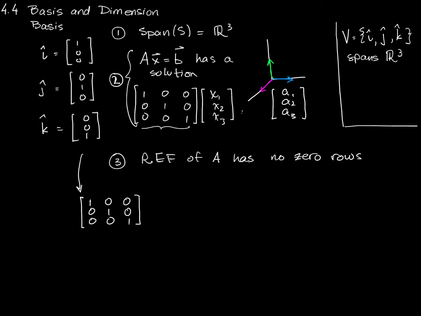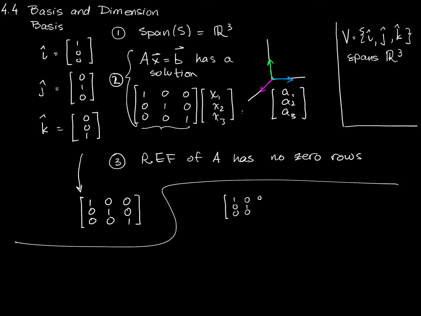Something else we can say about this collection of vectors is that they are linearly independent. Let me take that collection again, (1, 0, 0), (0, 1, 0), (0, 0, 1). And actually I'll use an augmented matrix instead.